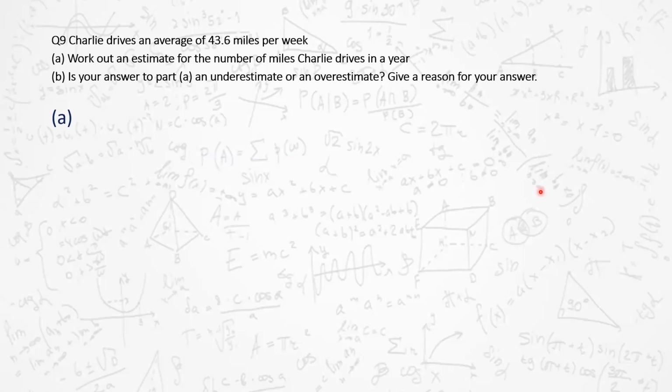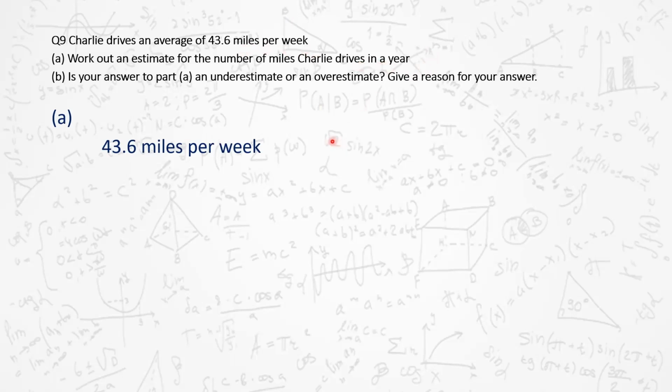Okay, so let's look at what we were given. So we were given 43.6 miles per week. So that's the first value. We were asked to estimate the number of miles Charlie drives in a year. Okay, 43.6 miles per week.